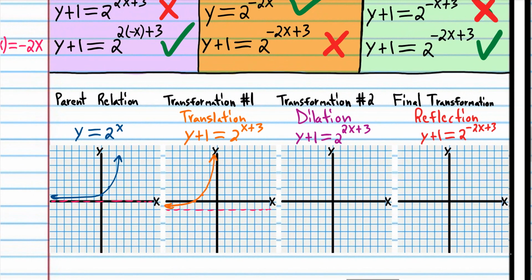Now we're going to dilate. We're going to divide all x values by 2, so it's not going to change the horizontal asymptote. If it were a vertical asymptote, it would change it, but it's horizontal.